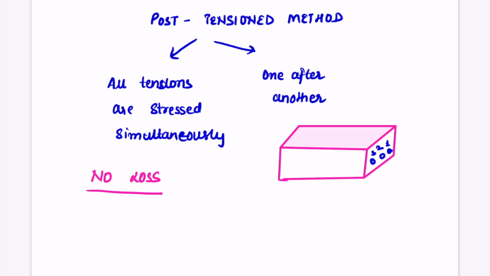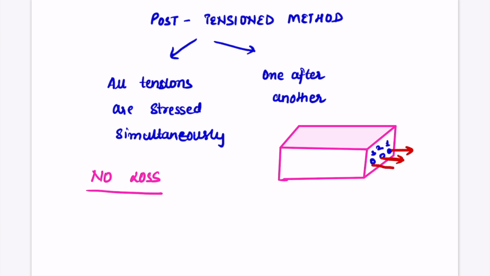Suppose when the first tendon is tensioned, so there will be no loss due to elastic deformation of concrete, because the pre-stress will be measured after the tendon is stressed. But when the second tendon is stressed, so there will be elastic deformation loss in tendon number 1.